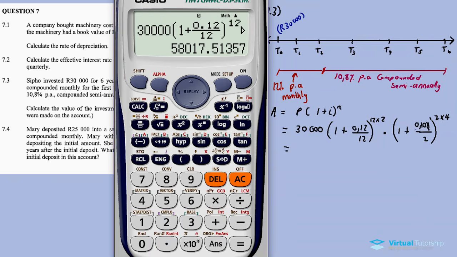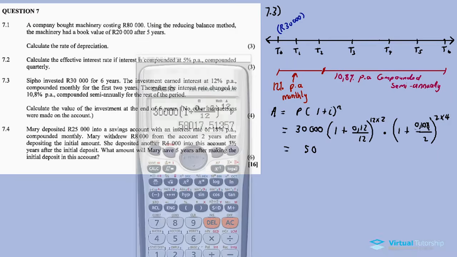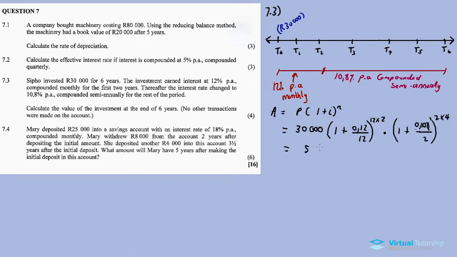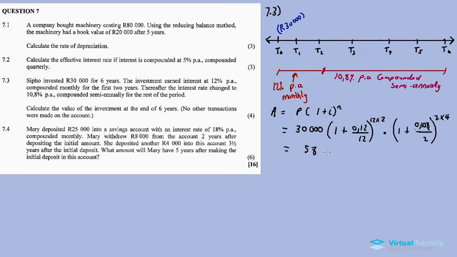The answer is 58,017.51. This is our answer for this question. Just like that. I just made an error, but you fix it anyway.